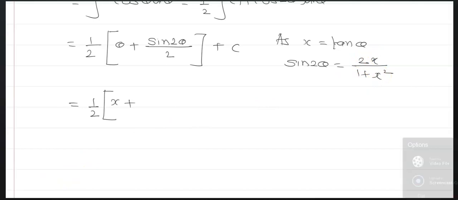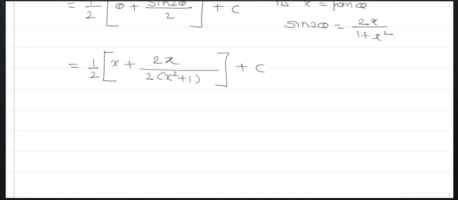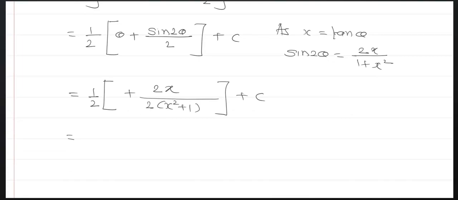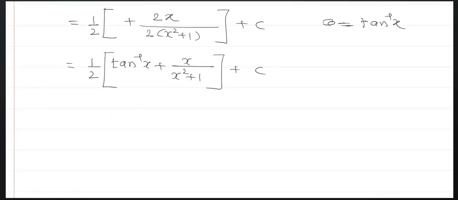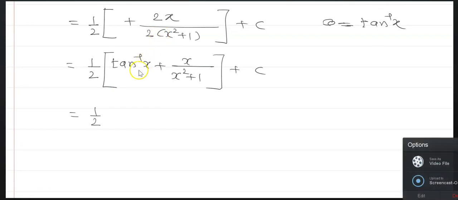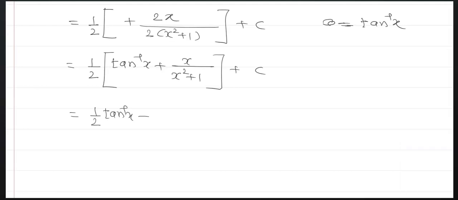Also one thing is remaining: theta is equals to tan inverse of x. So 1 upon 2 tan inverse of x plus x upon x square plus 1 plus c. That is 1 upon 2 tan inverse of x plus 1 upon 2 x upon x square plus 1 plus c.